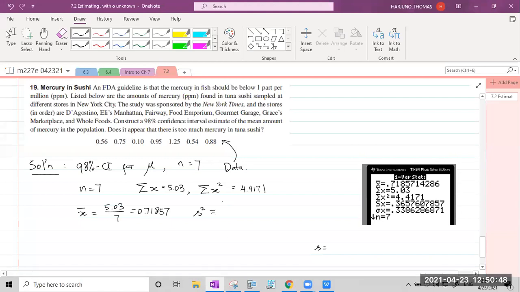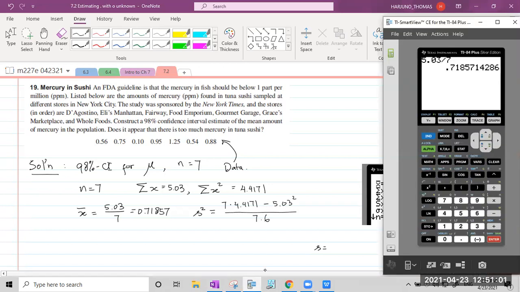Sample standard deviation will be 7 times 4.4171 minus 5.03 squared, over 7 times 6. 7 times 4.4171 minus 5.03 squared, divided by 7 times 6 is 42.